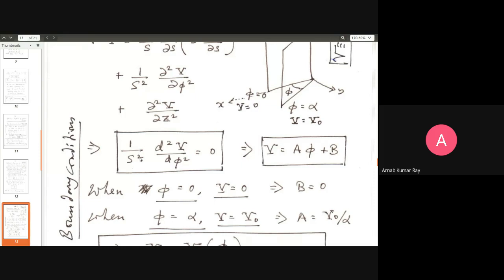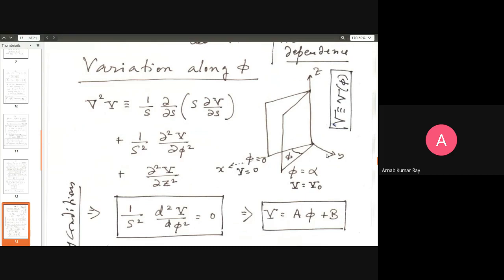So this thing will be non-zero. If 1 by S squared is non-zero, then d2V d phi squared is 0. Simple thing. And if d2V d phi squared is equal to 0, then that's again the equation of a straight line whose solution is V is equal to A phi plus B.